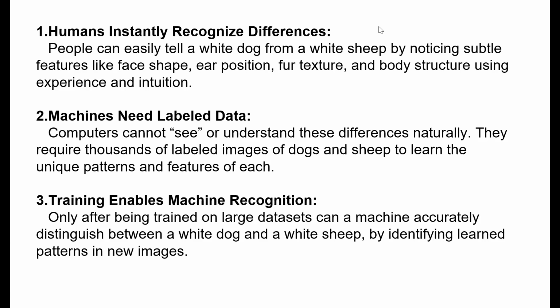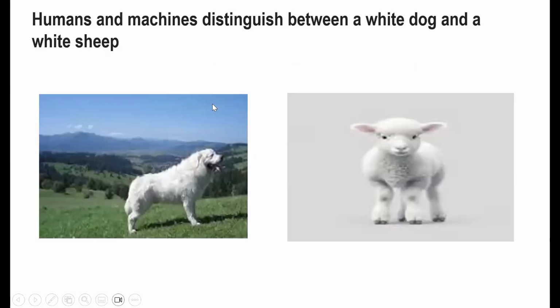By looking at only one dog, suppose by uploading only one picture, that doesn't make the machine learn to distinguish whether it is a sheep or a dog. We need to upload thousands of different images of the dog.